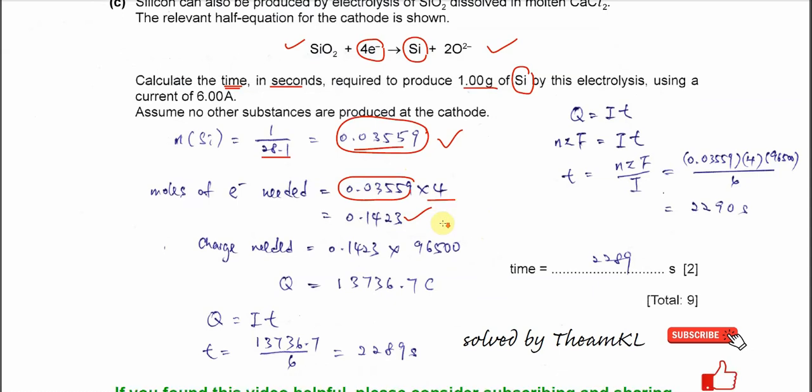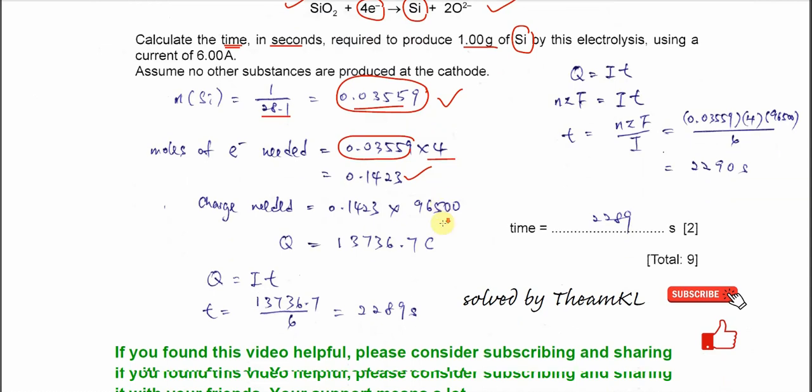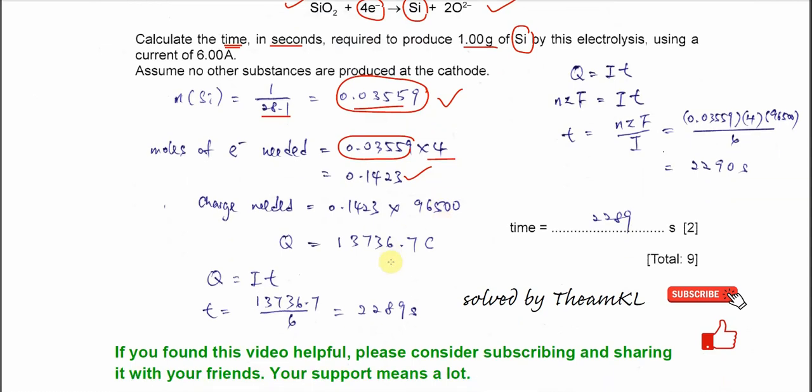Then you need to calculate the total charge needed to produce this silicon. Because this is the moles of electrons, 0.1423 moles of electrons, you need to multiply by the Faraday constant.